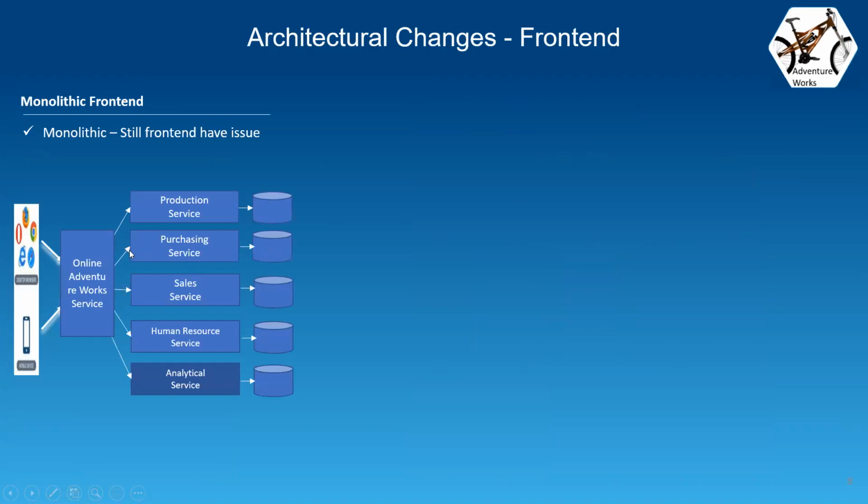Can you see my desktop? Yes. Okay. Here we solved the backend issue, which means we divided and created independent services. But now the issue is with the front end, because the front end may be developed in jQuery or JSP, and we will not have support for analytics.